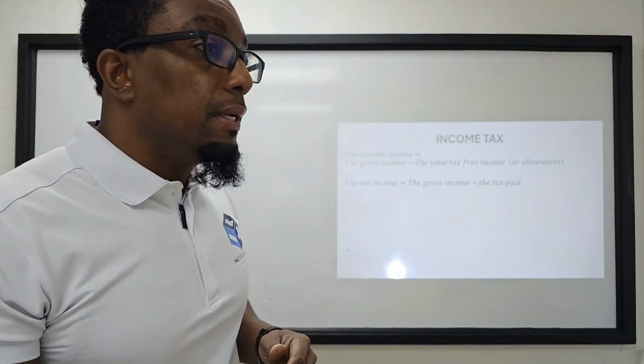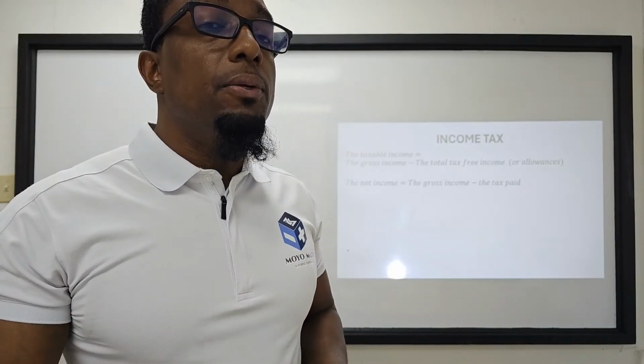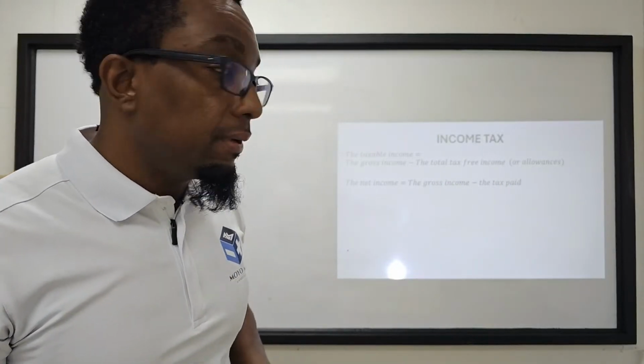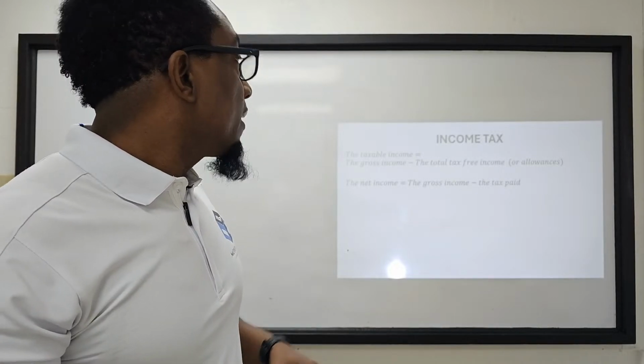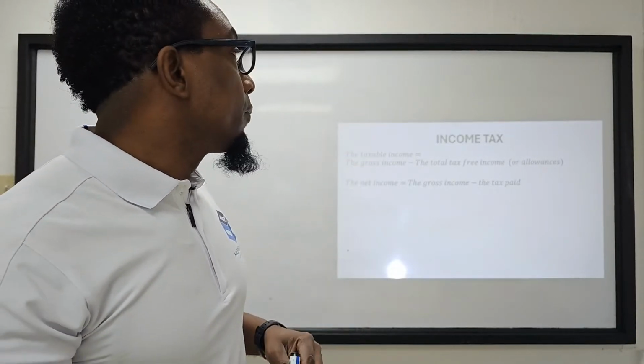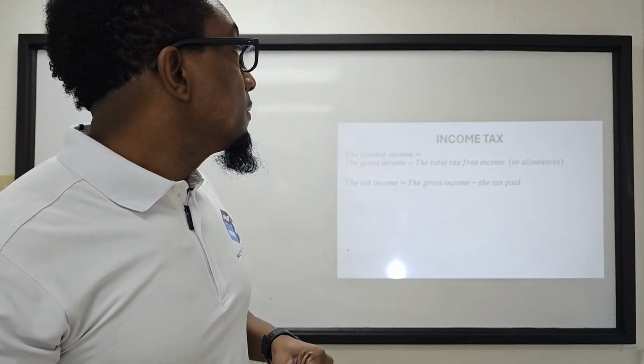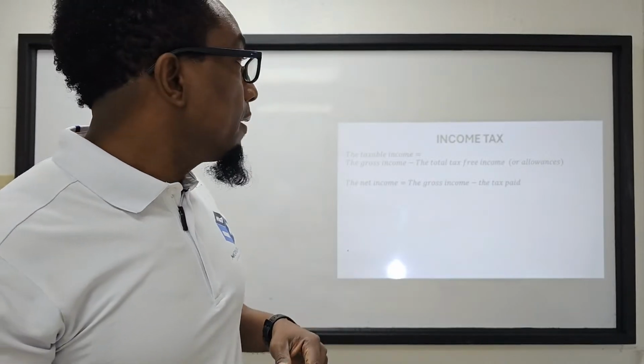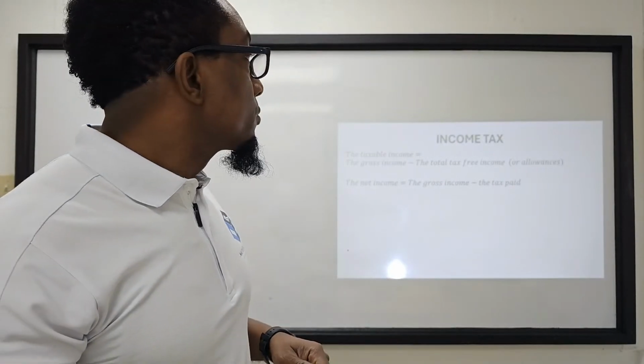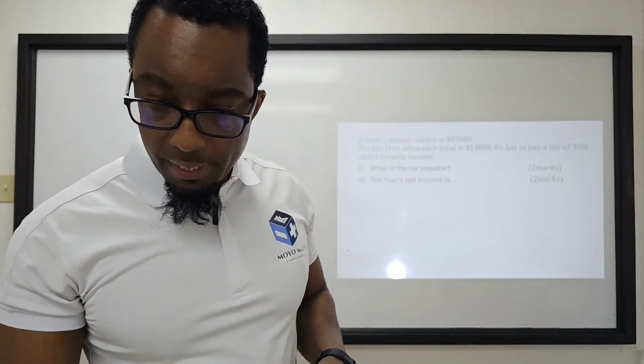So depending on the bracket that you fall within, you are taxed, and of course the money from that tax will be used in a very beneficial way. Right? And of course there's a net income, which will be to take your tax from your gross income. So let's look at a question.